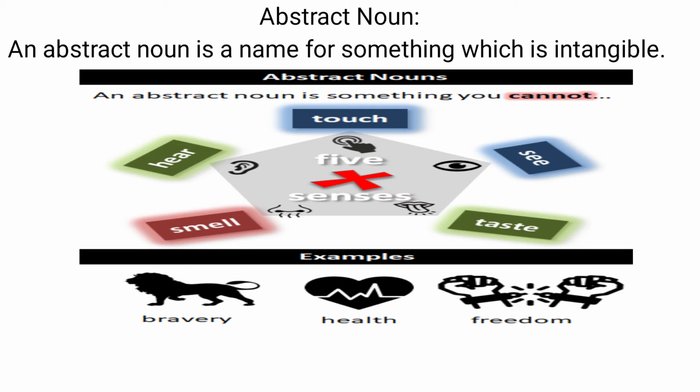All these are categorized under abstract noun. In your syllabus, it has been given to convert an adjective into an abstract noun, a verb into an abstract noun. These examples are given, and we have discussed these examples in the class also.